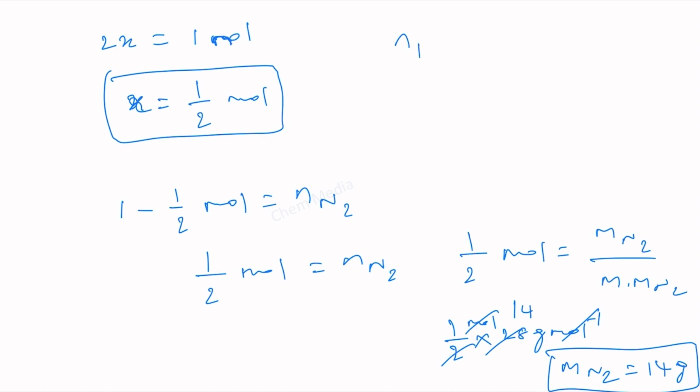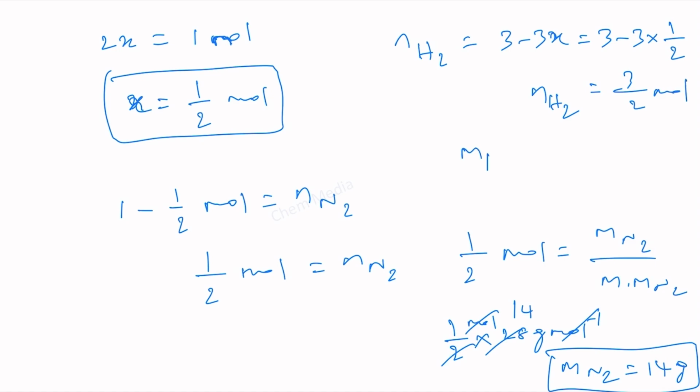How about H2? Number of moles of H2 is equal to 3 minus 3X, and therefore that is equal to 3 minus 3 times X, which is 1 by 2. Therefore, this will be 3 minus 3 by 2, which is equal to 3 by 2. So, number of moles of H2 equal to 3 by 2 mole.